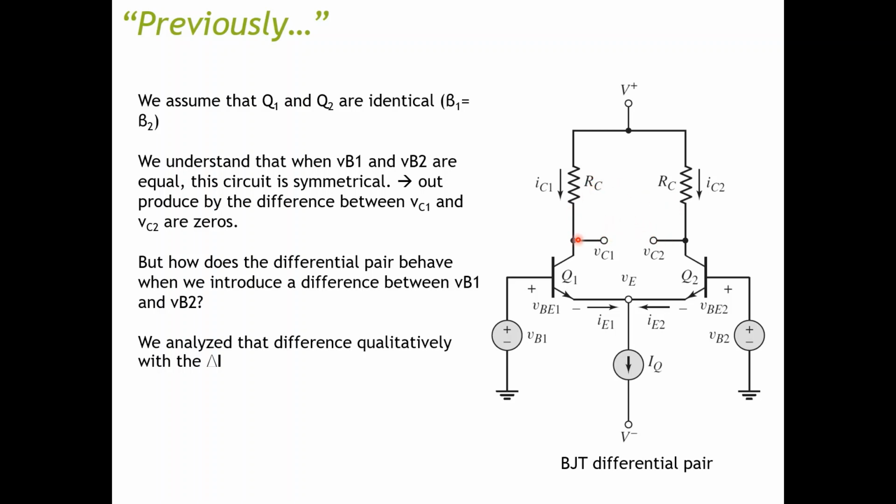be 0. But how does the differential pair behave when we actually introduce a difference between the two inputs VB1 and VB2?